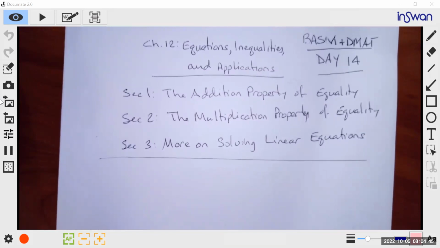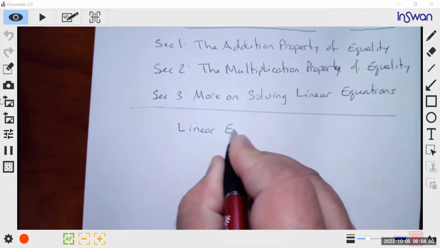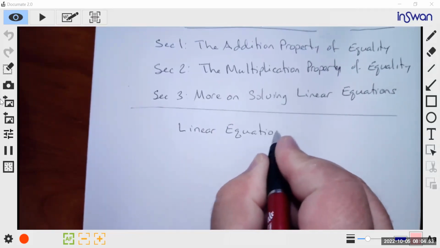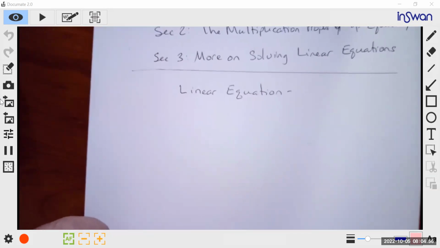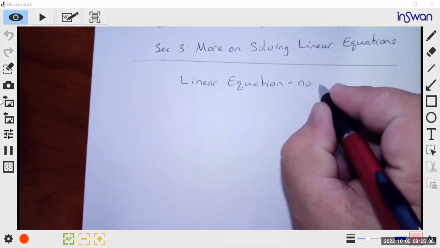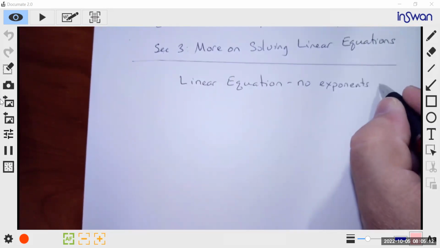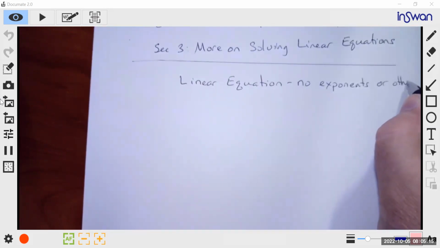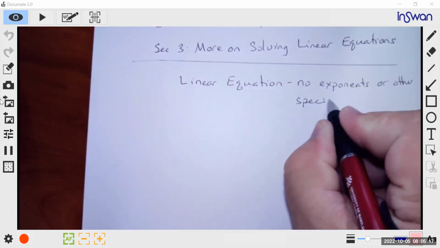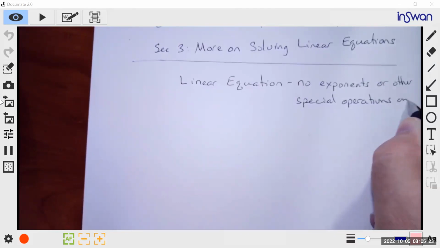First off, what is a linear equation? How can you tell if the equation you have is linear or not linear? Good answer. No exponents or other special operations on x.